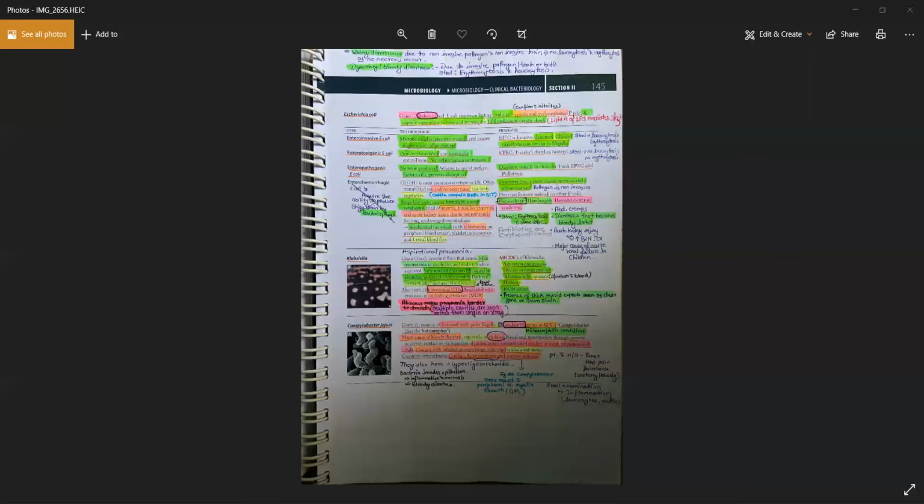So whenever the question gives you bloody diarrhea, and they don't give you any specific hint of any bacteria, they're asking you the most common cause, and you will give the answer Campylobacter jejuni. Remember, whenever they don't give you any specific bacteria to select, you will always answer Campylobacter jejuni because it is the most common cause of bloody diarrhea in children.